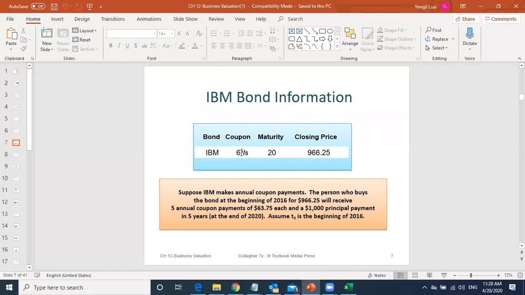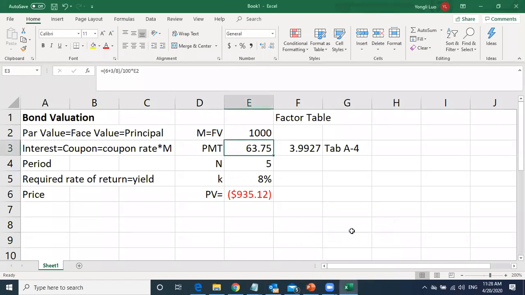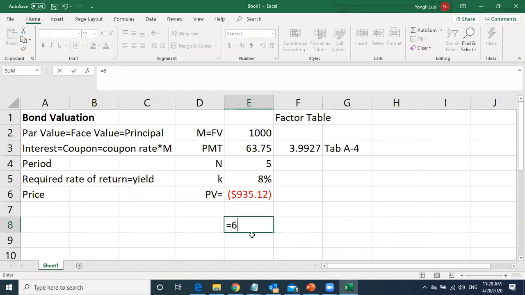Or you can transfer this one into a percent, right? You change the fraction into percent, which is equal to 6 plus 3/8, right? 6 plus 3/8 is 6.375.